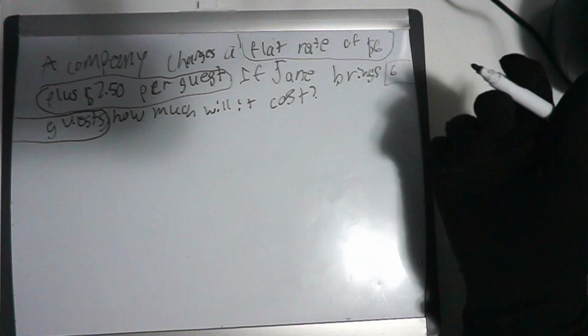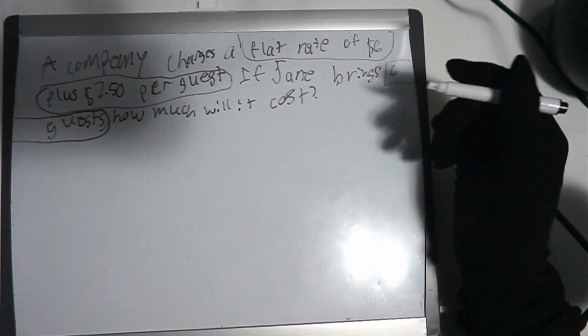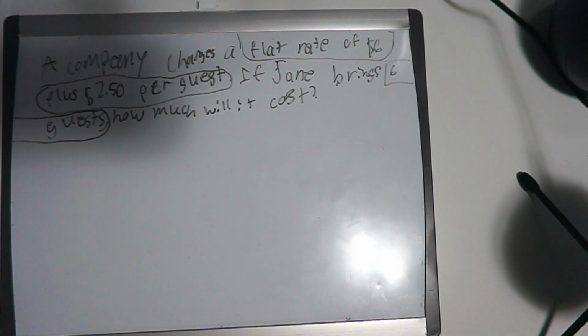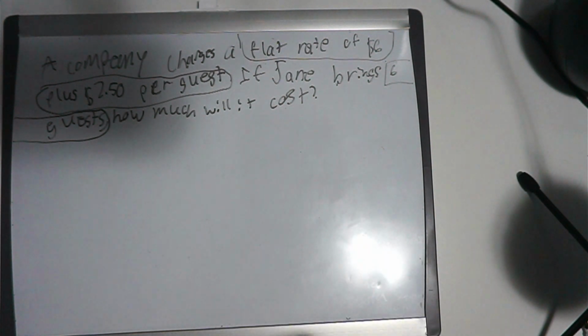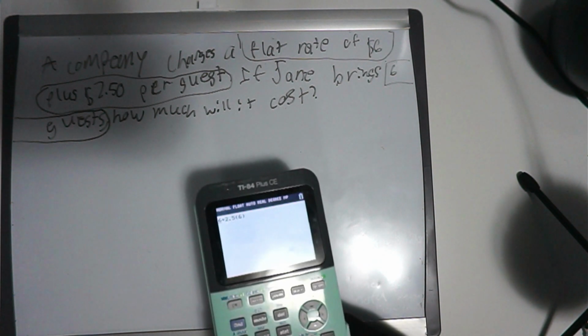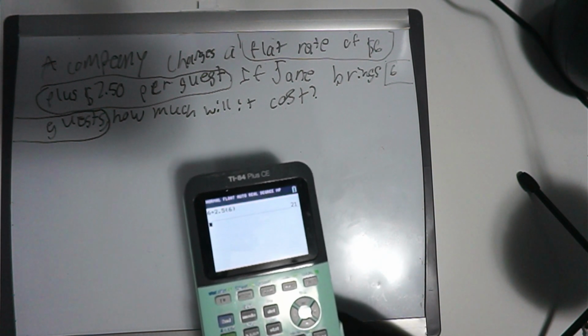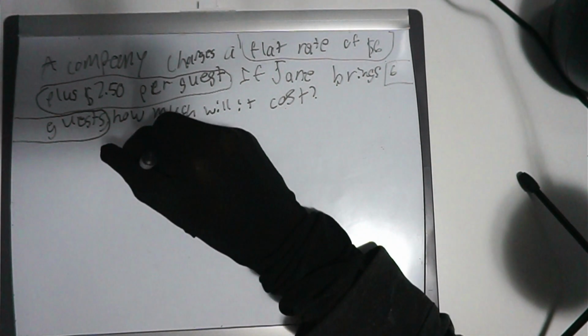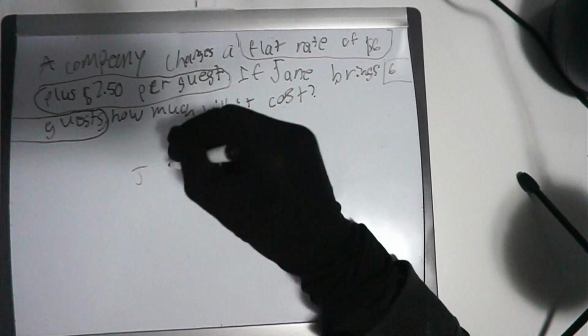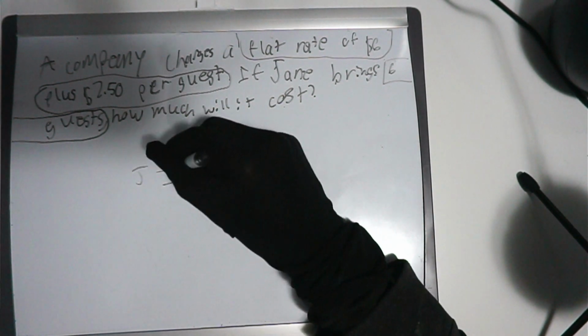So say we had Jane's cost, and let's just do the math and find out how much it would cost Jane. So it was 6 plus 2.5 times 6, which is 21. So we know Jane's cost, I'm just going to write J for Jane's cost, is $21.